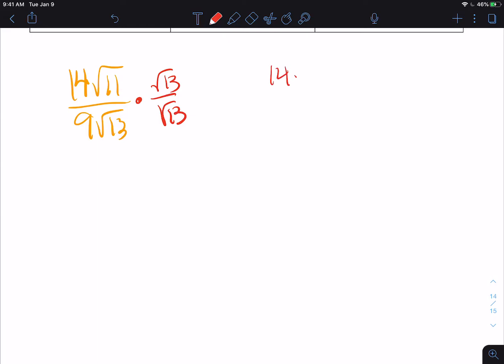Okay, so if we look at this question, we've got 14 root 11 over 9 root 13. Okay? So it says, what's the least term that the numerator and the denominator must be multiplied by to rationalize the denominator? Okay, so this is kind of like the one that I was looking at before. I could choose to multiply by root 13 on top and bottom, but I could also choose to multiply by 9 root 13 on top and bottom.